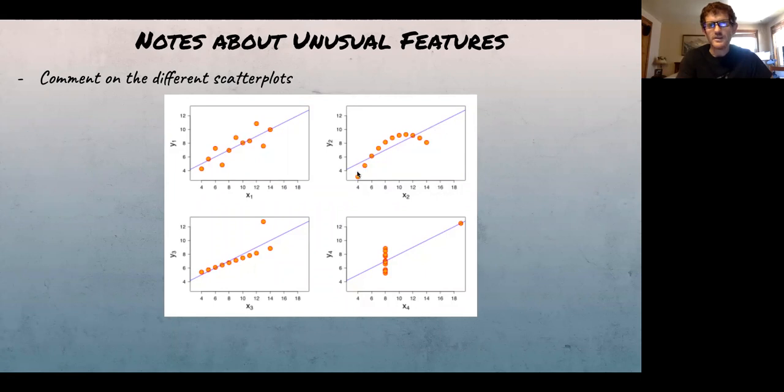I would be willing to bet that whenever I asked you to envision 4 data sets with the same summary statistics, you imagined 4 different data sets that looked something like this, just with the points moved a little bit. And so this speaks to the point that we cannot make assumptions about the data set without having seen the scatter plot.